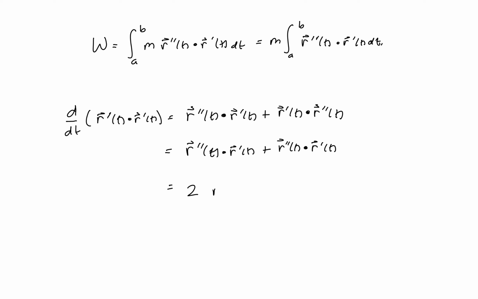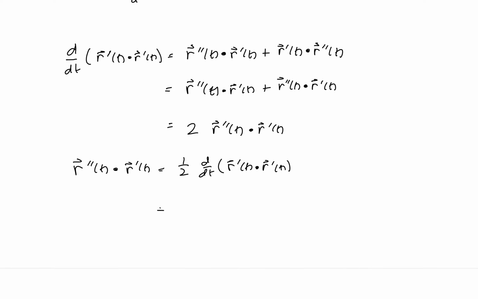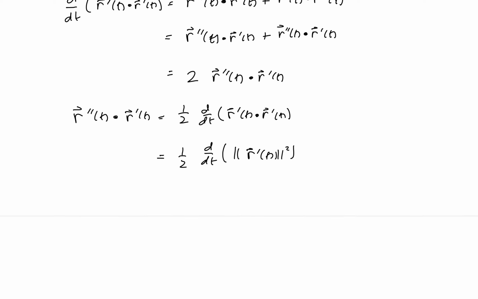And so this is 2 r double prime of t dot r prime of t. That looks an awful lot like what we're integrating, except for the 2. So we can divide both sides by 2, and r double prime of t dot r prime of t is 1/2 d/dt of r prime of t dot r prime of t. But r prime of t dotted with itself is the magnitude of r prime of t squared. We'll come back to simplifying this in a minute.